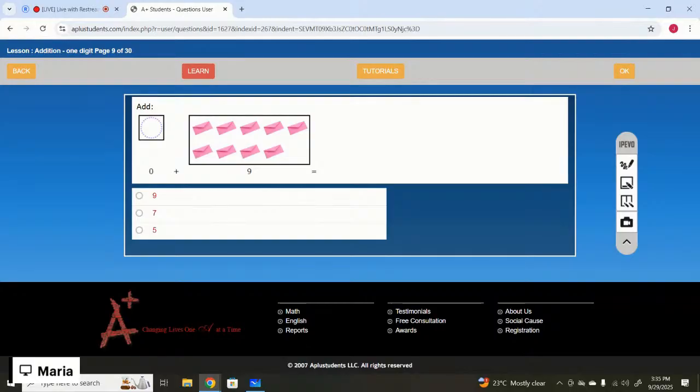Add 9 plus 0. 9 plus 0 is 9. Option number 1 is the correct option.